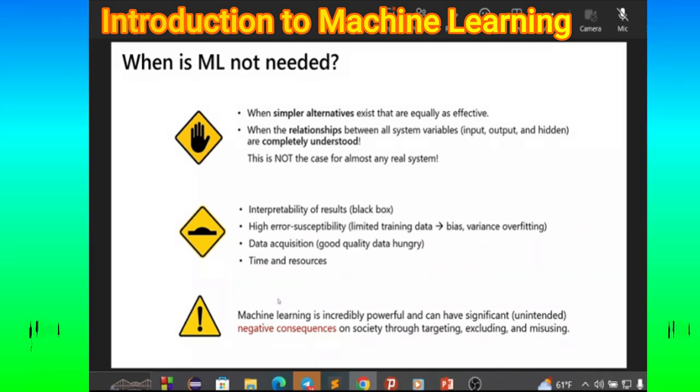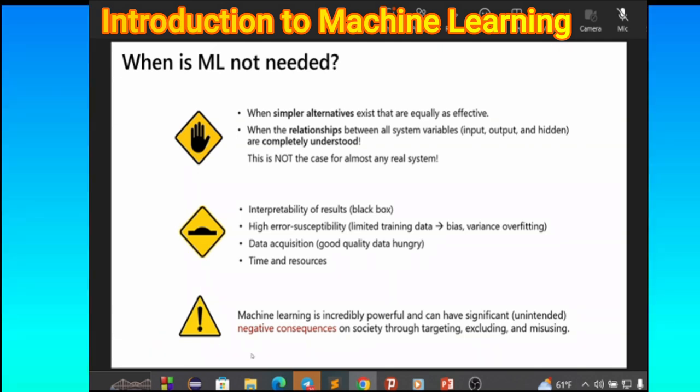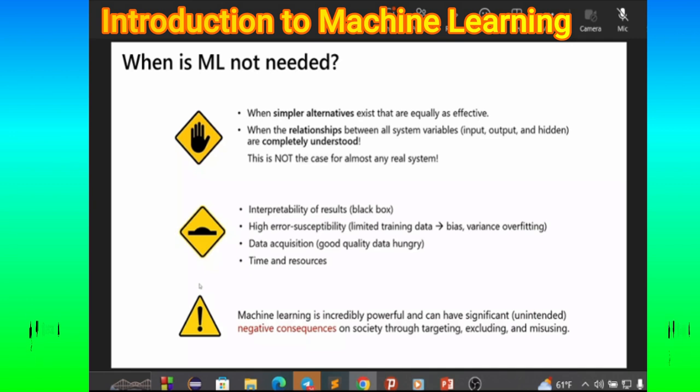So machine learning is incredibly powerful and can have significant or unintended negative consequences on society through targeting, excluding, and misusing. When this is the scenario, stop using machine learning. Like the last point, this has been an important issue, and there are even laws being discussed to create responsible AI, or responsible machine learning.